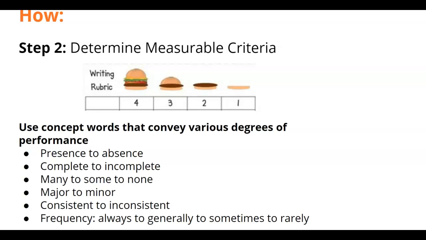From a piece that's a major component to something that's a minor component. From a student consistently demonstrating an ability to do something down to inconsistency in their ability to demonstrate. Or in a student's frequency of using or doing or including something. Always doing something to generally to sometimes to rarely.